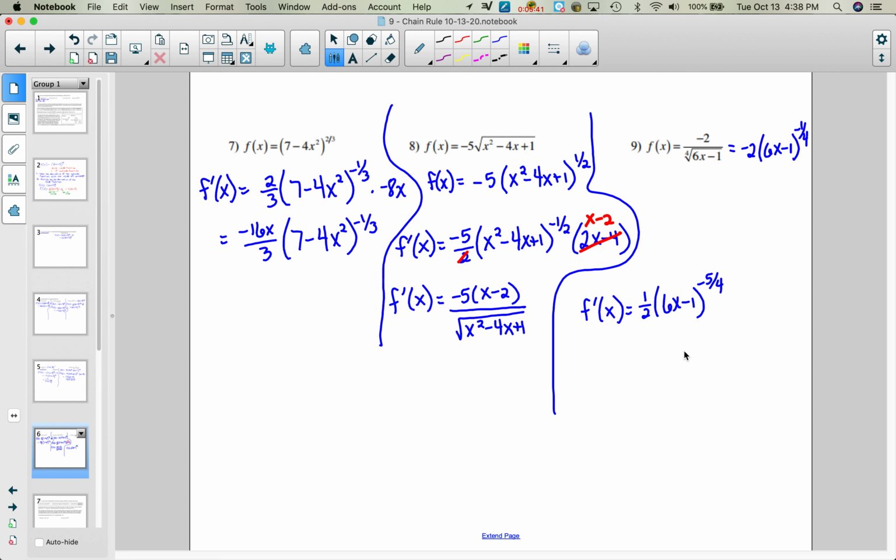So again, that's the derivative of the outside function with the inside left unchanged, times 6. This is going to do a little canceling. So we get f prime of x equals 3 over 6x minus 1 to the positive 5/4.